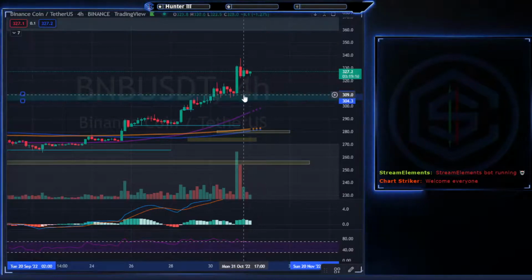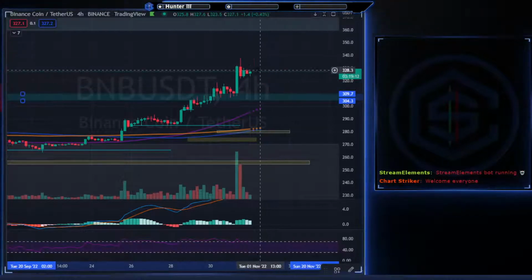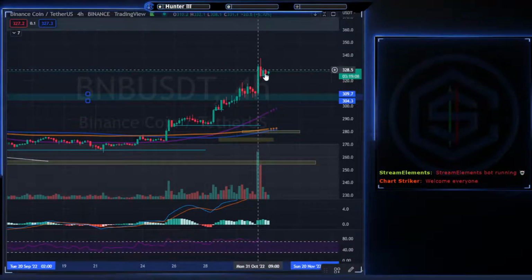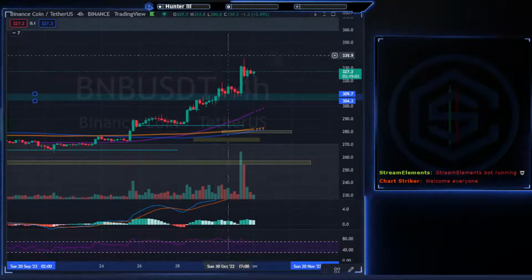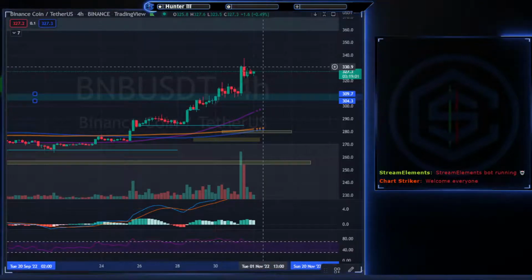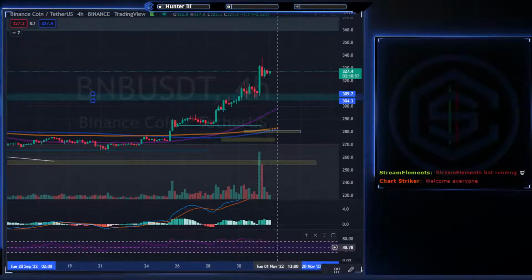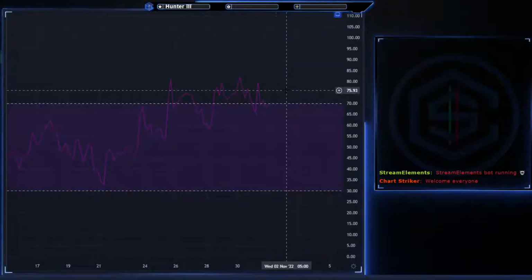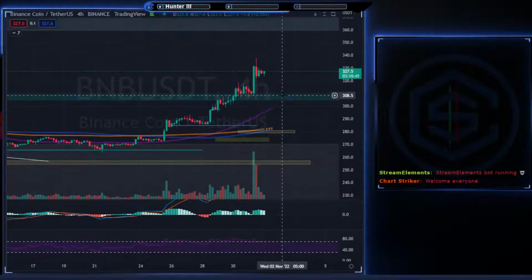It still looks like it wants to go higher, but at the same time, we are at profit taking levels, resistance levels right now. So I'd be cautious. We are losing positive momentum on the MACD. Our RSI is not overbought. It was a little bit, but it's not overbought yet right now.